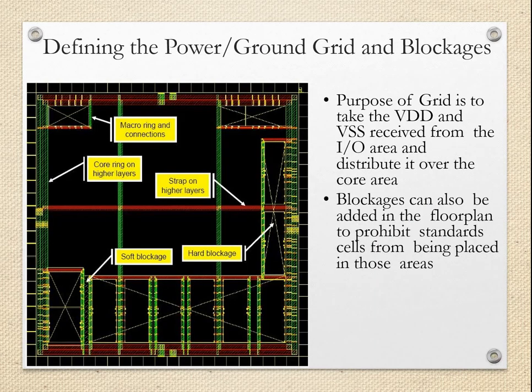Then defining the power or ground grid and blockages is the next step. The purpose of the grid is to take the VDD and VSS received from the IO area and distribute it over the core area.